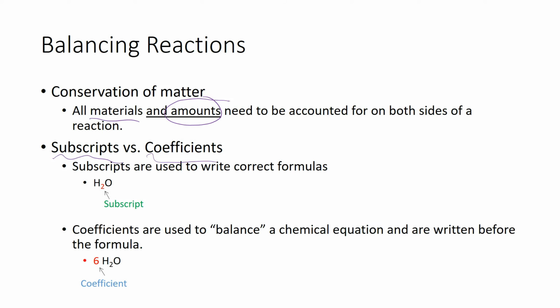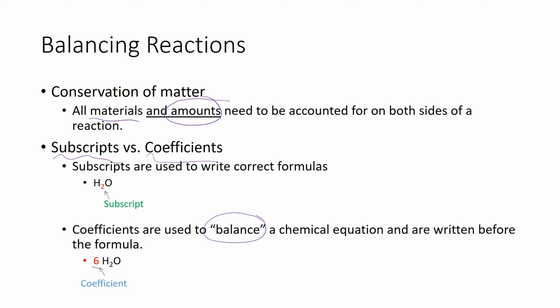Coefficients are other numbers we add to balance a chemical reaction. The reason we have to use coefficients is we can't just arbitrarily change our formulas. We have to write the formula in the correct way to balance out our charges for ionic compounds, etc. Then if the amounts aren't correct on both sides, we use a coefficient, which is a number that we write before our formula.